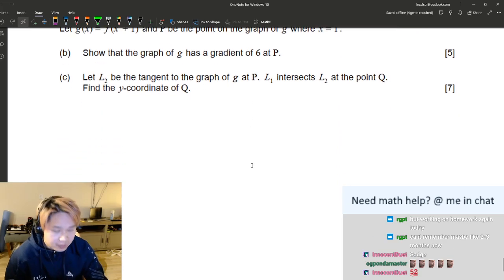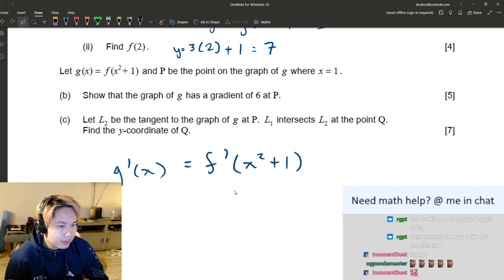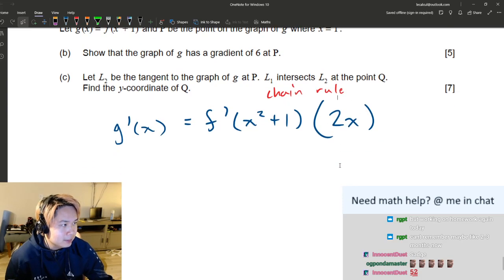Okay, so we want to first find the derivative of g. According to that, it is the derivative of f at x squared plus 1 multiplied by 2x. This is just the chain rule. So I take the derivative of f, and then I take the derivative of the inside parameter of f, which is x squared plus 1, and multiply them together.